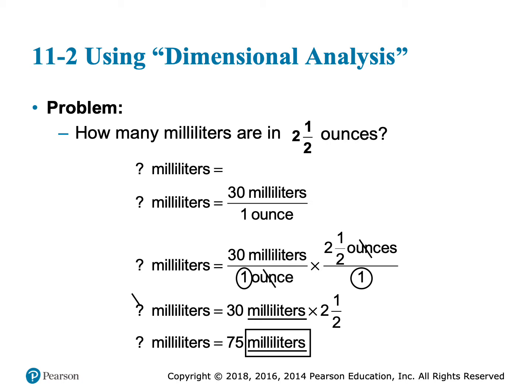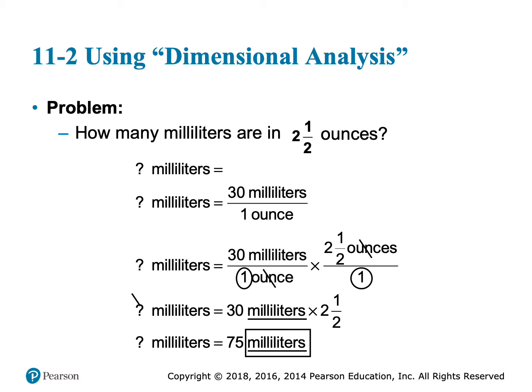So we're going to place the unit of measure on one side of the equation: question mark milliliters equals. That's the first step that we have there. Use the appropriate conversion factor, the one that is most appropriate to the problem.